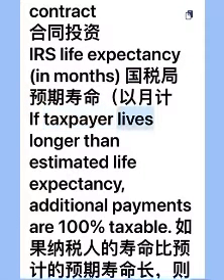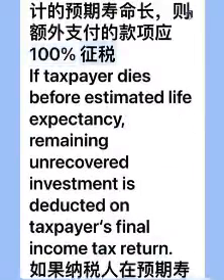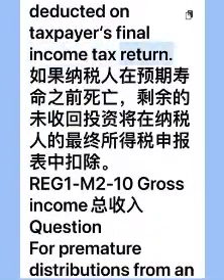If taxpayer lives longer than estimated life expectancy, additional payments are 100% taxable. If taxpayer dies before estimated life expectancy, remaining unrecovered investment is deducted on taxpayer's final income tax return.